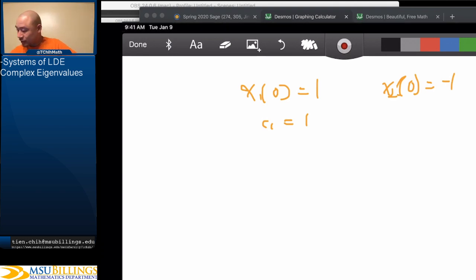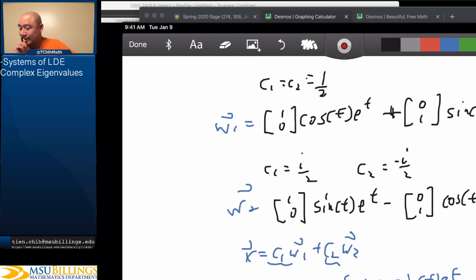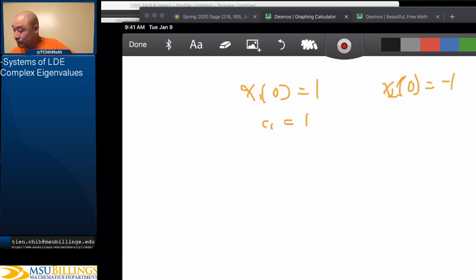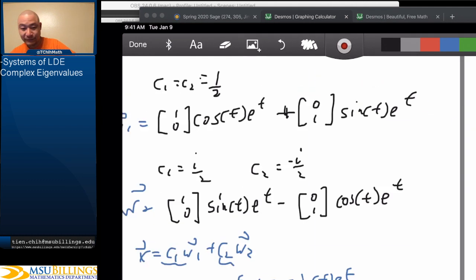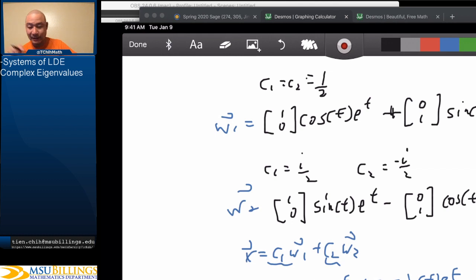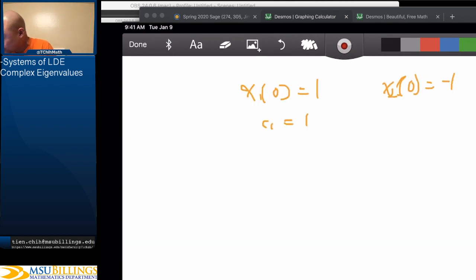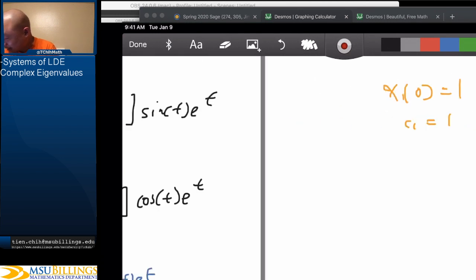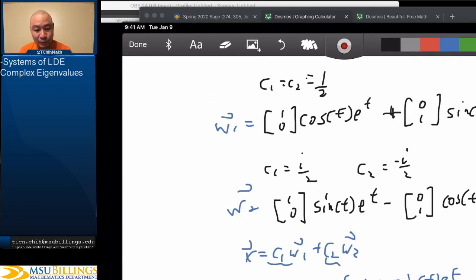And similarly, if I go back here and I say, well, x2 of 0 has to be negative 1, there's already a negative there, so c2 must also be 1. You can check with c1 being 1 and c2 also being 1, that gives us that at time 0, x1 is 1 and x2 is negative 1.